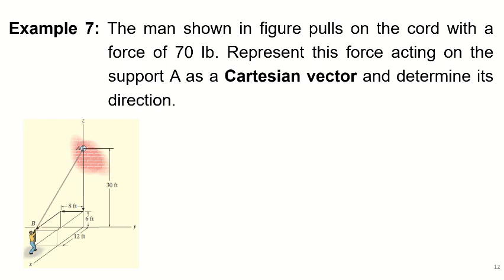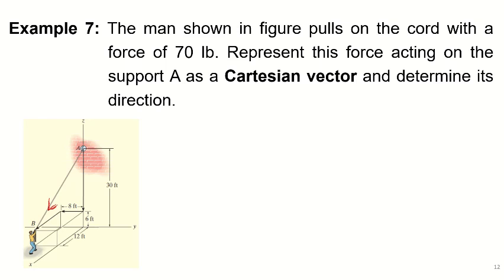So the cord is in AB direction, right? So man pulls that cord, which means that force exerted by man on this cord is also in AB direction, right? So the force is in this direction, right? Force created by man is in this direction, right?